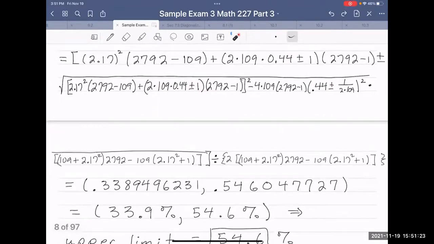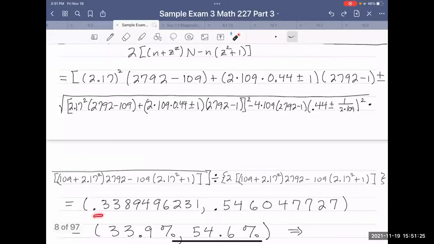And then you plug into your calculator. So you get 0.3389496231 if you do just the minuses, so you're just picking these minuses here.